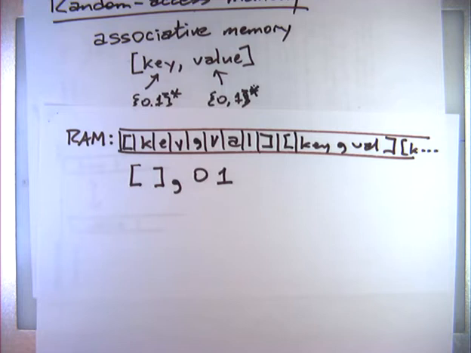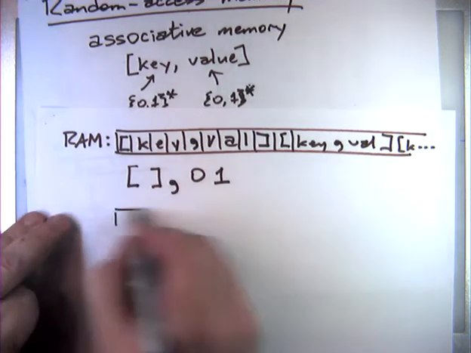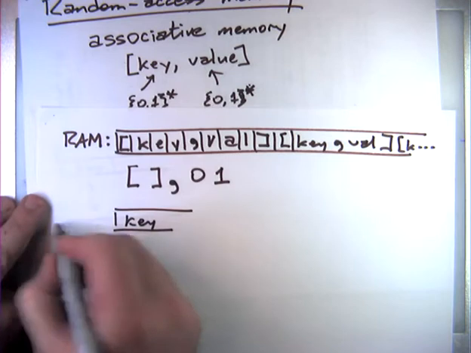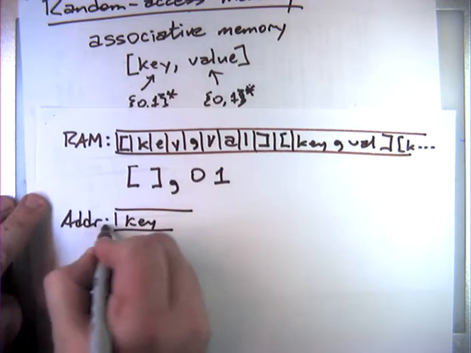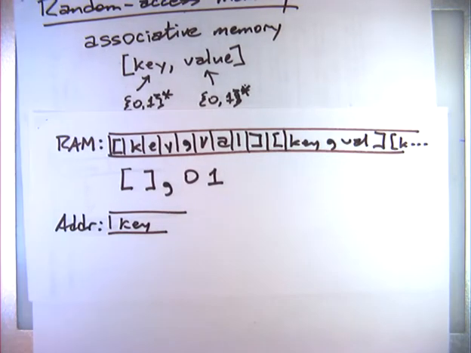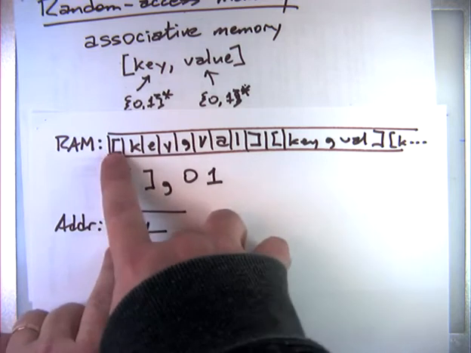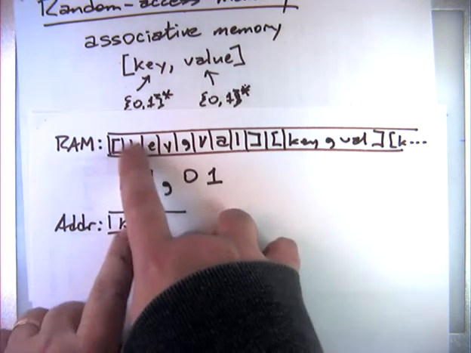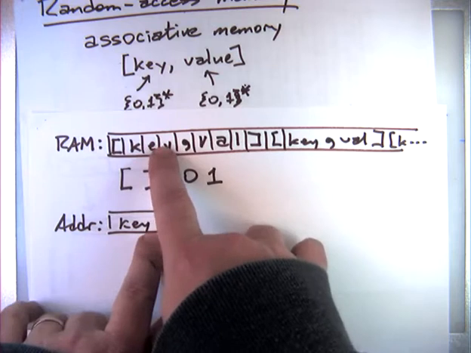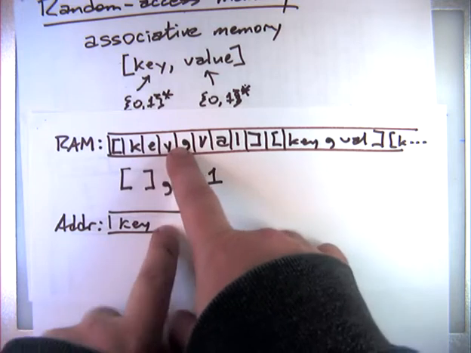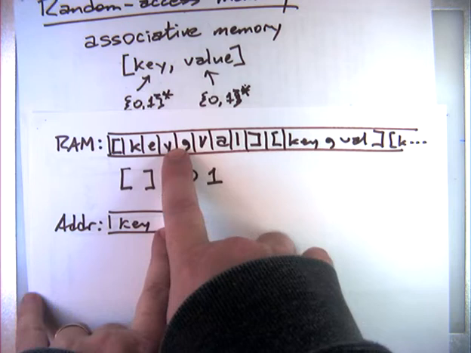Okay, so now I have here my address tape, and I want to find the corresponding position in RAM. And so what I will do is I'll scan until I see a left bracket, and then I'll try to match symbols. And if I get all the way to the comma and there's a blank on the address tape, then I know I've found the right key.